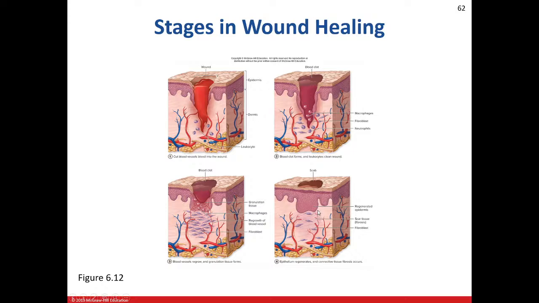Regeneration is complete when we've filled in the space with either new cells in the case of the epithelium or new fibers in the case of the dermis. Now, you may be able to tell in the cartoon here that the new fibers are not necessarily oriented in the same direction or with the same thickness as the other tissues. And so this fibrosis, this development of the thick collagenous protein in this region may result in a scar.